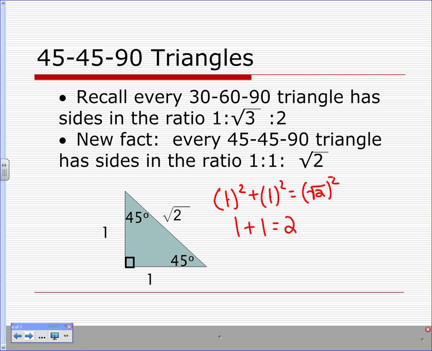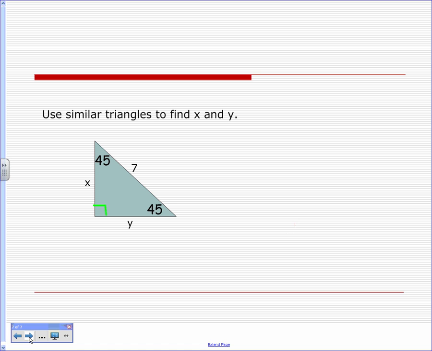Any questions so far? Okay. So we want to use similar triangles to find x and y. How would I fill in my similar triangle? 2 square root of 2.